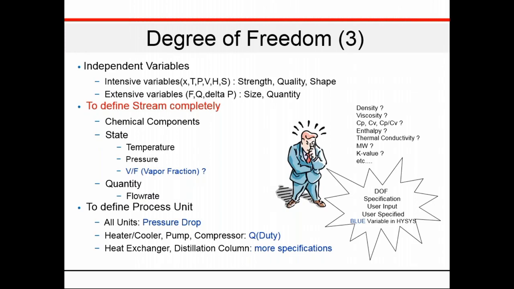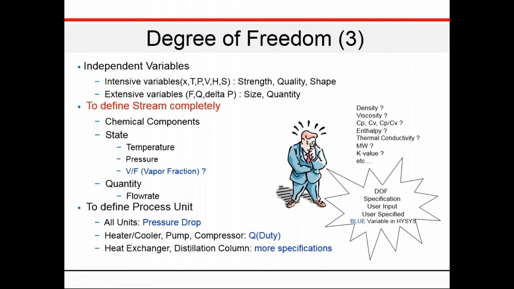The intensive variables come from the x, T, P, V, H, and S. For those of you that have done chemistry before, the intensive variables here refer to the mole fraction, the temperature, the pressure, the volume, the enthalpy, and the entropy. Remember delta H and delta S, change in enthalpy, change in entropy.